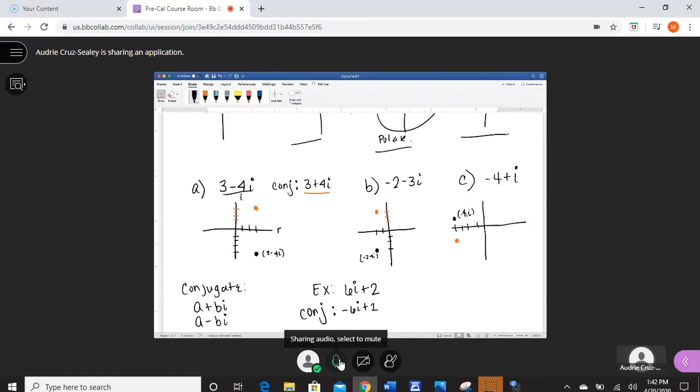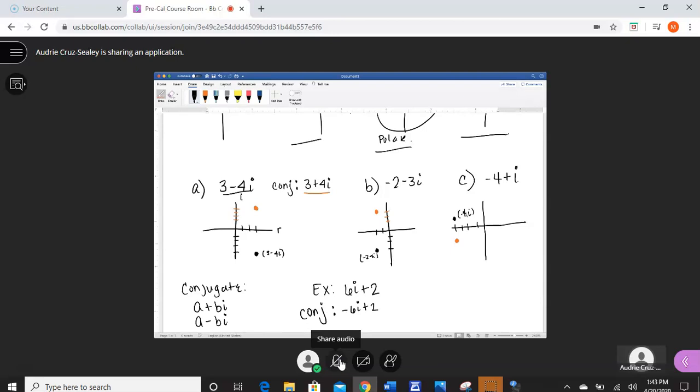So when you're doing a conjugate, the only thing that changes signs is the i value itself, the imaginary value. The real part of it stays the same. So be careful because I could switch where the i is. It's not the number in the middle that changes, it's the number in front of the i component that changes. Does that make sense? So just be careful on that. Any questions on plotting imaginary numbers?